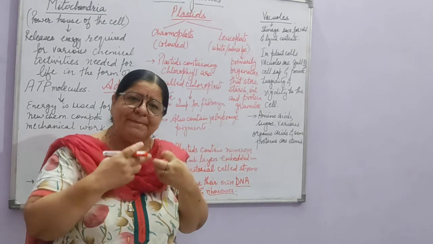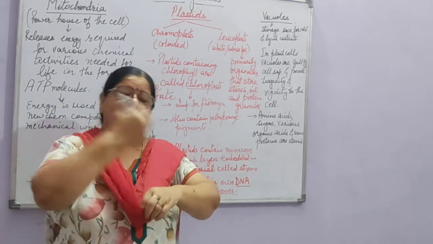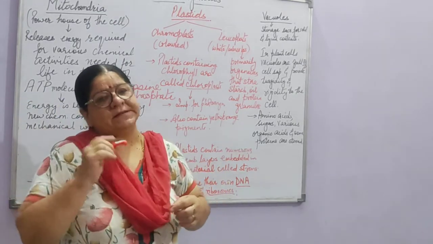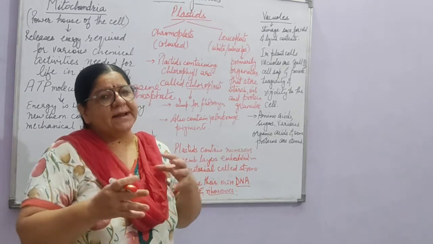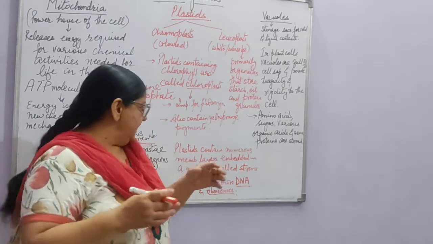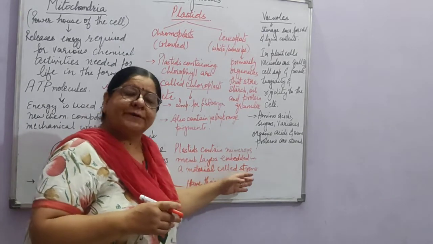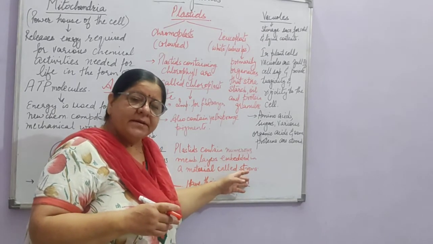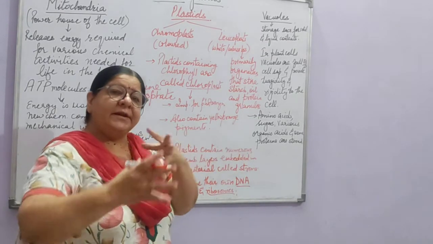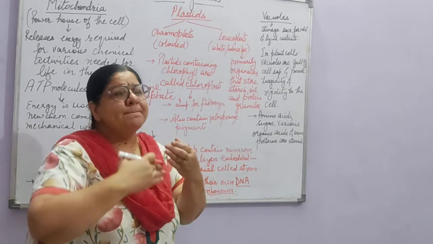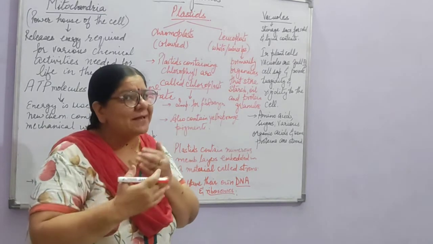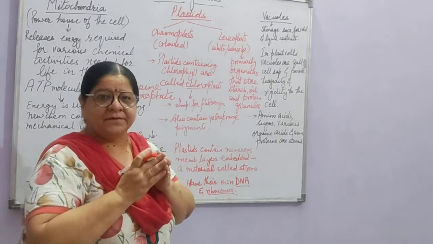They have many membranous layers, and these layers are embedded in a material called stroma. Stroma is the material in which all the membranous layers of plastids are present.